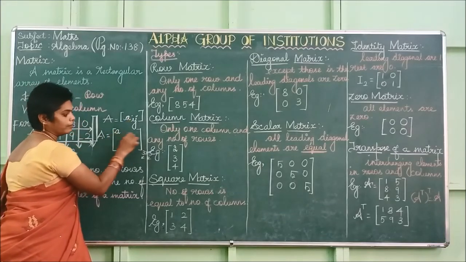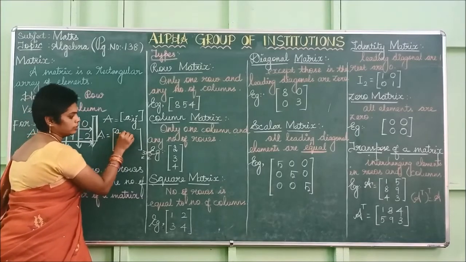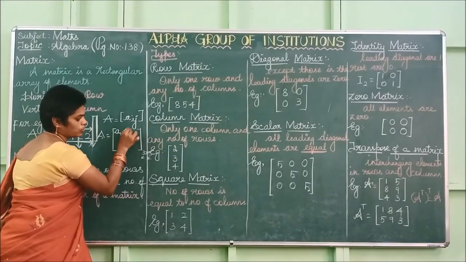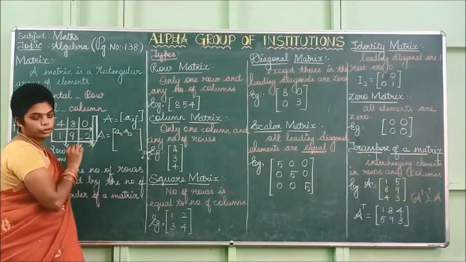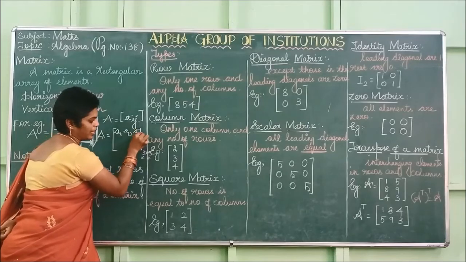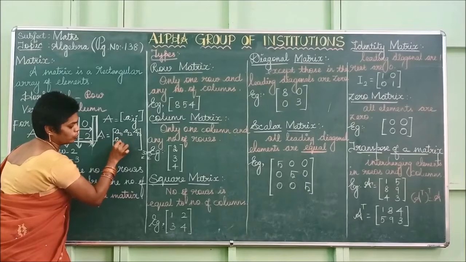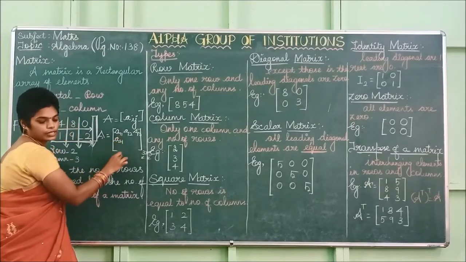First row and first column A11. Then first row, second column A12. Then first row, third column A13. Now move to the second row: A21, second row, first column.